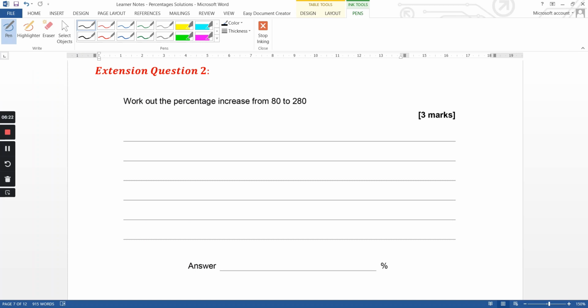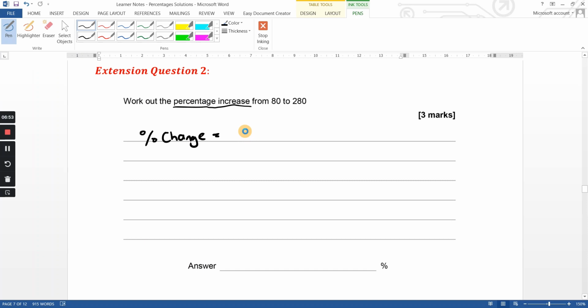Extension question 2, work out the percentage increase from 80 to 280. Okay, so percentage increase, I like to use the percentage change formula. Anything to do with percentage increase or decrease or percentage profit, you might have seen similar types of questions, is technically a percentage change question.